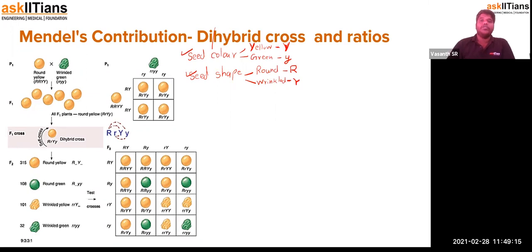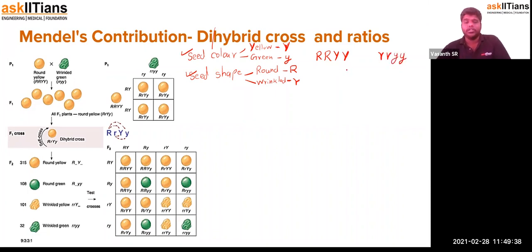Now when we take the same thing, there will be pure breeds that will be crossed. Here you can see the round yellow. How do you write it? It is capital R capital R, capital Y capital Y, that's the pure round yellow seed, and then the next one is the pure wrinkled green seed, small r small r, small y small y.